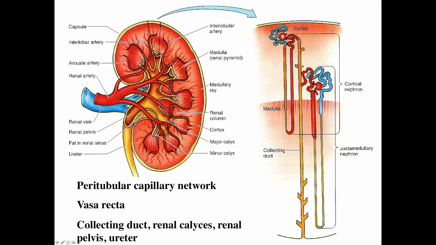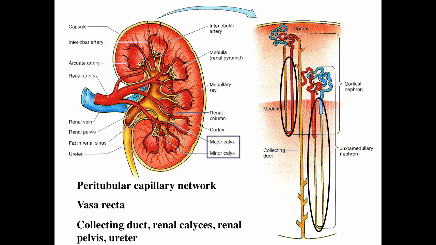We can see the collecting duct in the diagram here, and then in the hemi-sectioned diagram of the kidney, I just want to highlight for you the renal calyces that empty into the renal pelvis and into the ureter. And of course you can see the blood vessels coming into the kidney and the renal vein leaving the kidney. Let me highlight quickly the minor calyx and the major calyces.